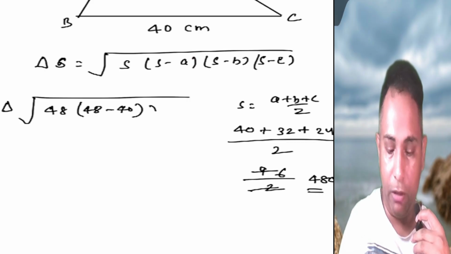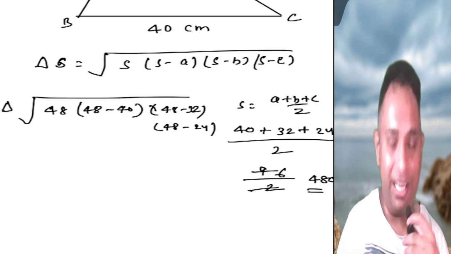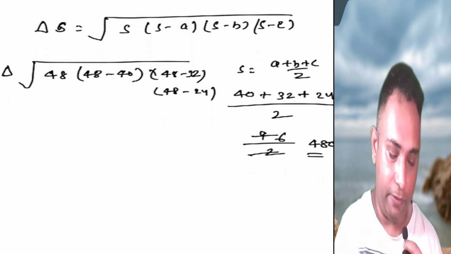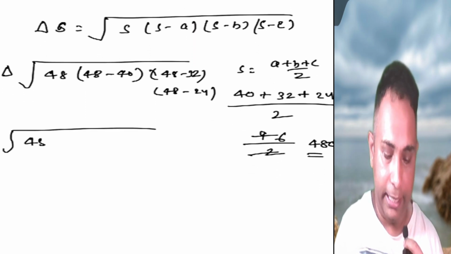Times S minus B, 48 minus B, which is 32. Again, we can write S minus C, 48 minus 24. As we solve this, we will find 48 times, 48 minus 40 is equal to 8.